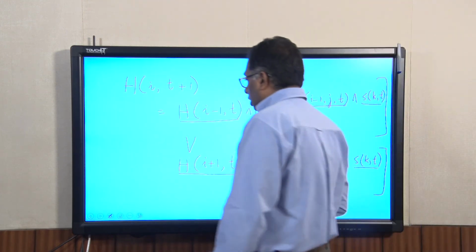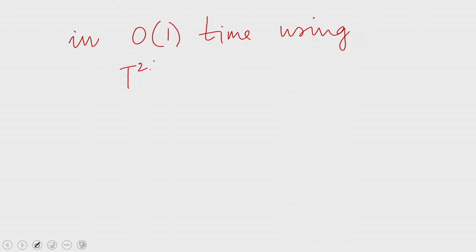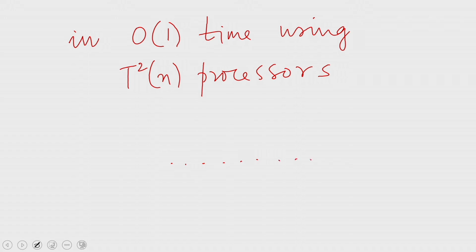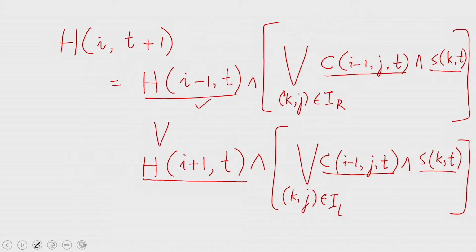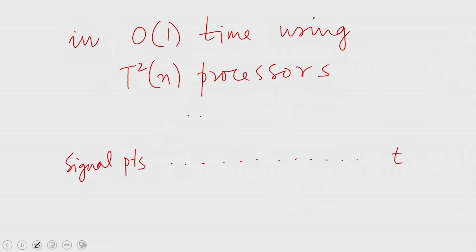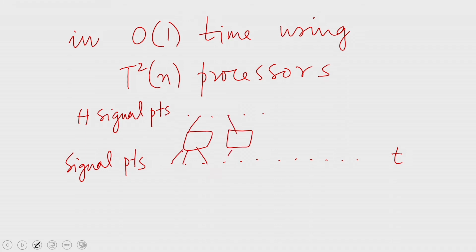But then such a circuit can be obtained in order 1 time using T squared of n processors. So, what we say is that from the signal points at level t, so these signal points involve the H signals, C signals and the S signals. From all of these, we can obtain the H signal points by appropriately setting up circuits from the tth level to the t plus first level.